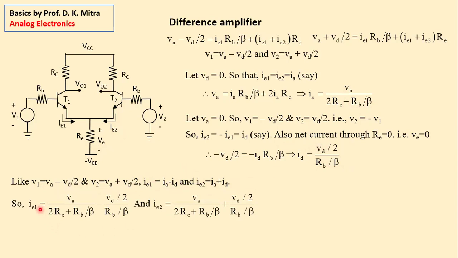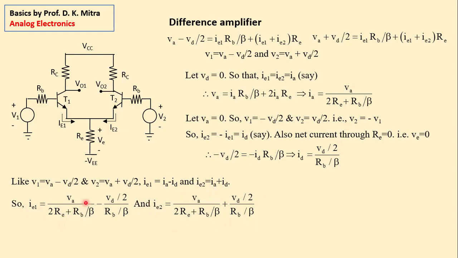When you do this, what is IE1? IE1 is equal to IA minus ID. That means this current VA divided by this, minus ID, is this. And IE2 is the addition of them, so this plus this. So we get values of IE1 and IE2.